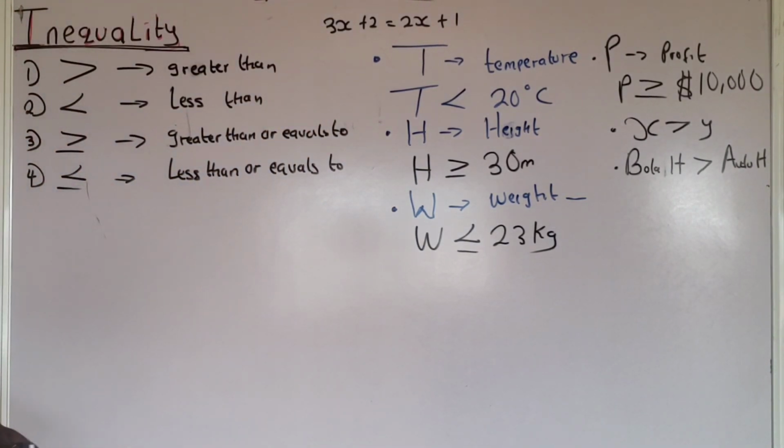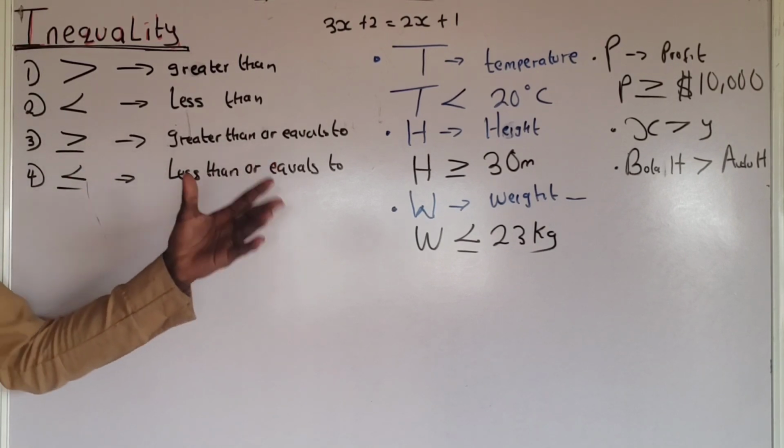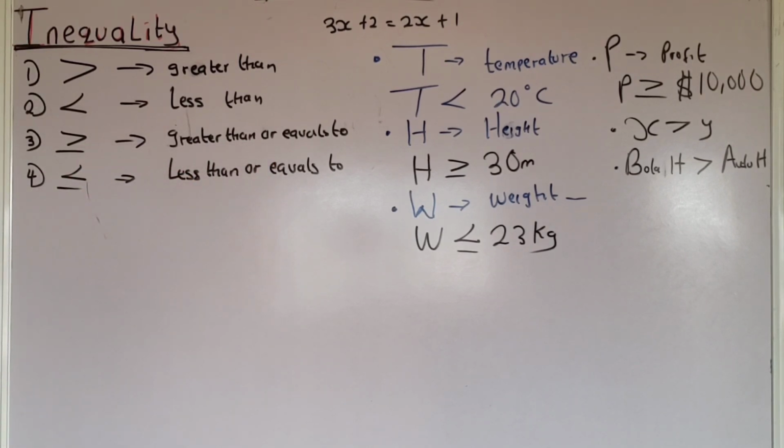So having understood what is meant by inequality and the interpretation and the most common signs that we make use of in inequality, let's talk about linear inequality. Okay, what do we mean by linear inequality? Linear inequality refers to an inequality that involves a linear expression.